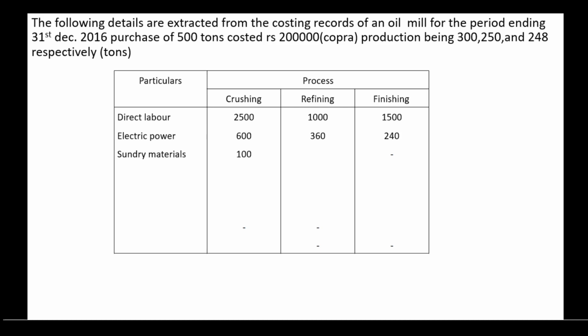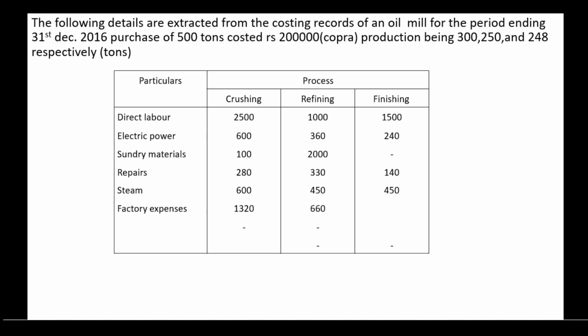Sundry materials 100, 2000. Repairs 280, 330 and 140. Steam 600, 450, again 450.